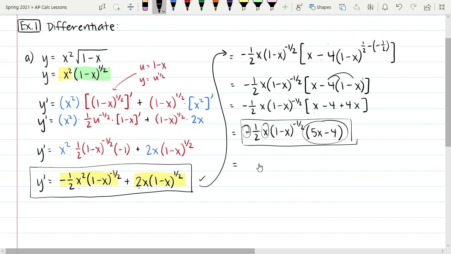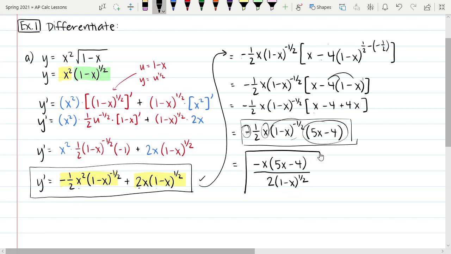So in my numerator, I've got negative x times 5x minus 4. And in my denominator, I'm going to have that 2. And then remember, if I move this 1 minus x to the negative 1/2 to the denominator, it makes my exponent positive.